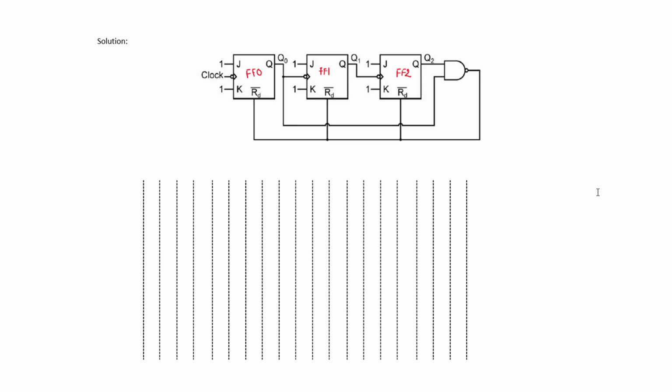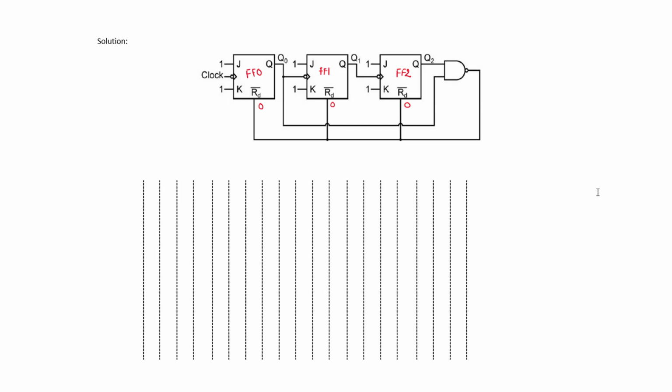That means when this clear input is logic 0, all the output states will be logic 0, irrespective of the JK inputs. Here all the JK inputs are connected to logic 1, so at every negative clock edge, all these flip-flop outputs will be complemented.